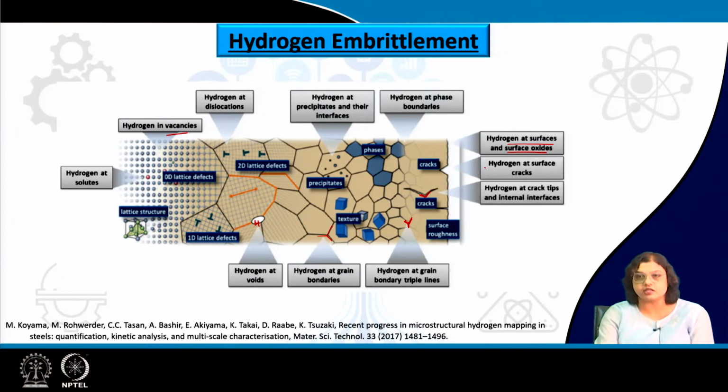So, we have seen that in case of the corrosion reaction to occur, there will be the passive layer which forms, typically the oxide layers, which also acts as a position where the hydrogen can be present. Other than the grain boundaries, hydrogen can also be present at the phase boundaries or the interfaces. So, these are the locations in which also hydrogen can get stored.